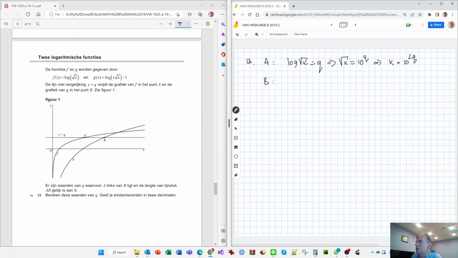Now we look at b, we get then log of x times the square root of x minus 1 is q. Right. I bring the 1 to the right, and I do the similar thing here. I get x times the square root of x is equal to 10 to the power q plus 1.